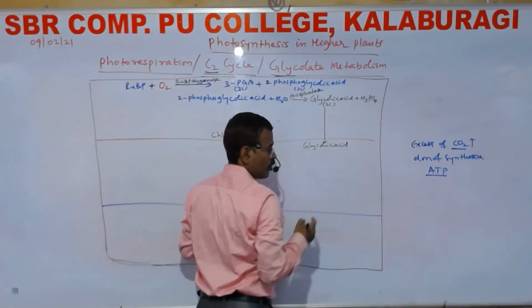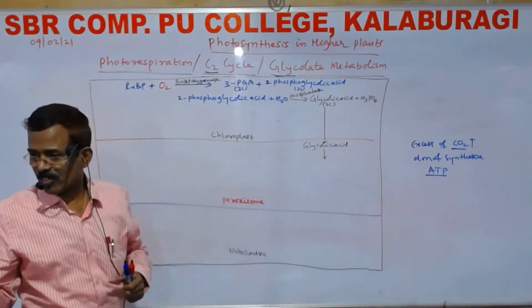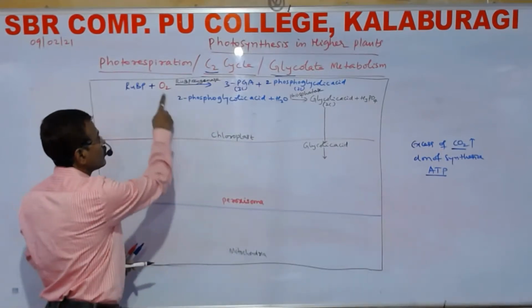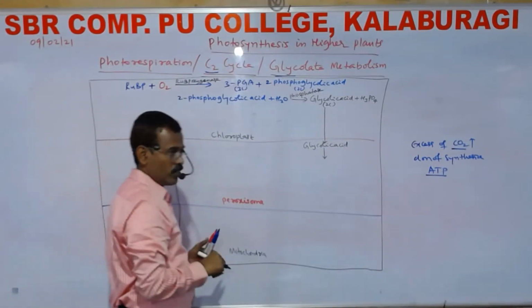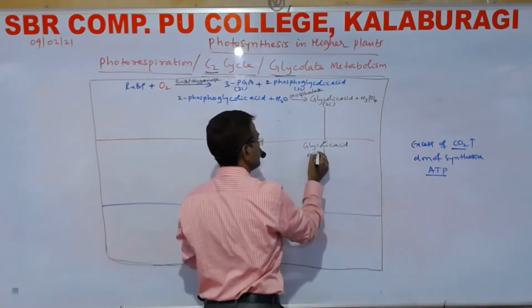Glycolic acid. Now, second time oxidation, one time in the chloroplast. Now, second time oxidation. So this glycolic acid will undergo oxidation.